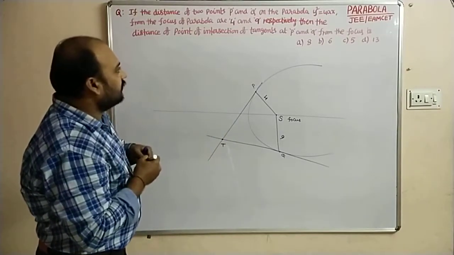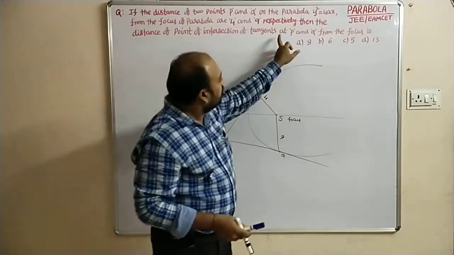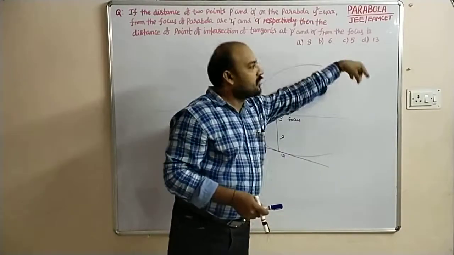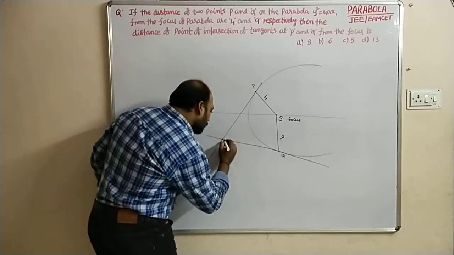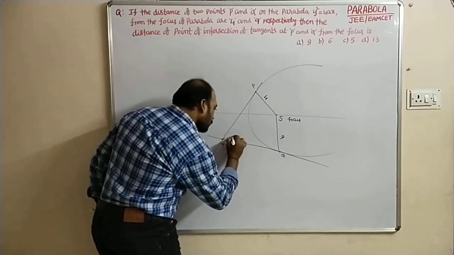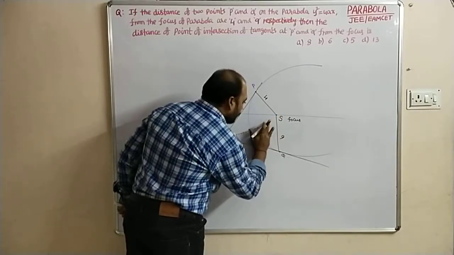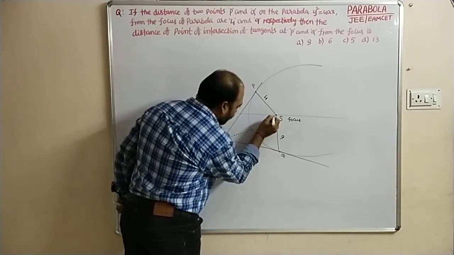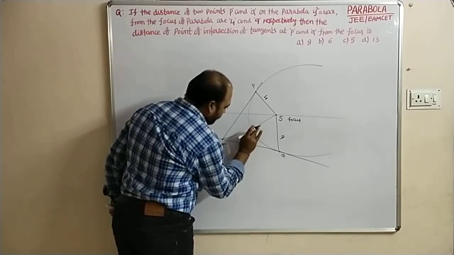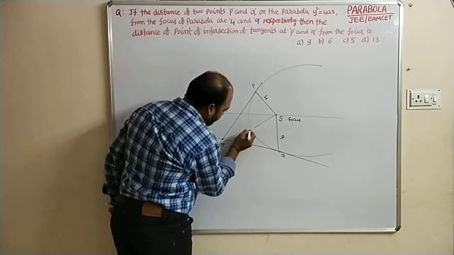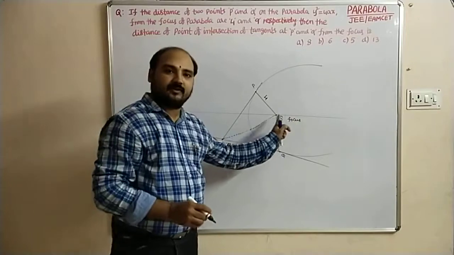They are asking the distance of point of intersection of tangents at P and Q from the focus. This distance they are asking.